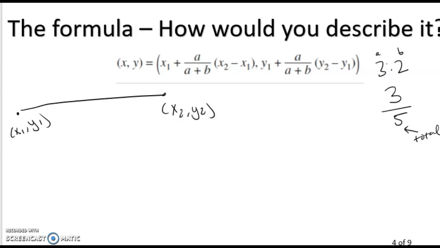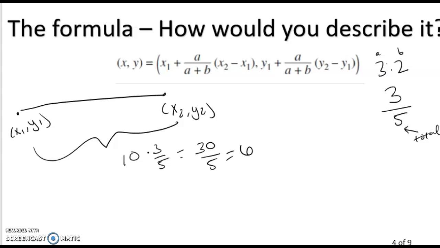So what I want to do is I want to take the distance between x2 and x1. So let's say the total distance is 10. So if the total distance is 10, I'm going to take 3/5 of that distance, because that would give me that 3-to-2 ratio, 3 parts of 10. And if I found that, I would get 30/5, which is equal to 6, which would tell me that if I went 6 pieces, I would get 3/5 of 10.